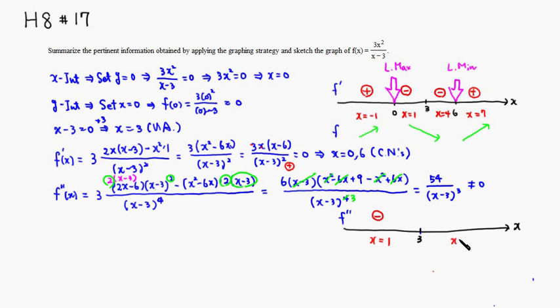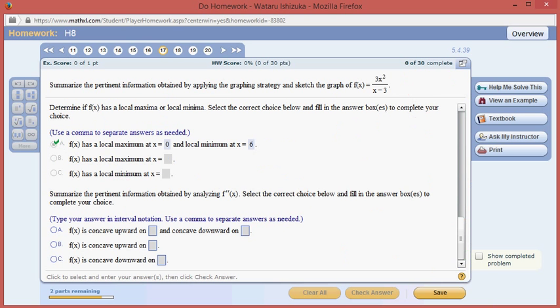And if you try anything bigger than 3, so let's try 4, 4 minus 3 is positive, so it's going to be positive, right? Which means that the original function is going to be concave downward here, and after that concave upward there. Alright, so let's type that in.